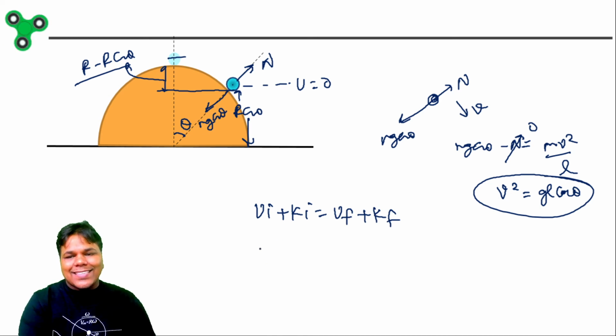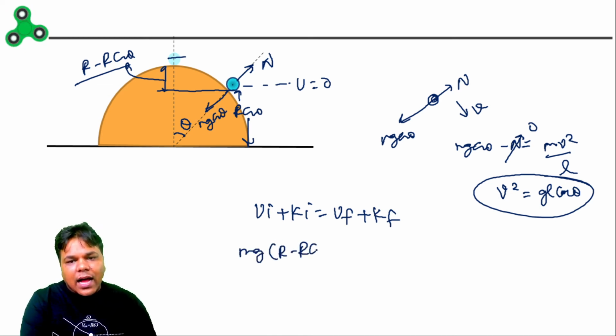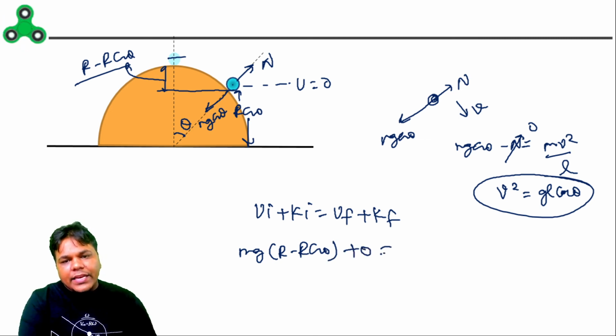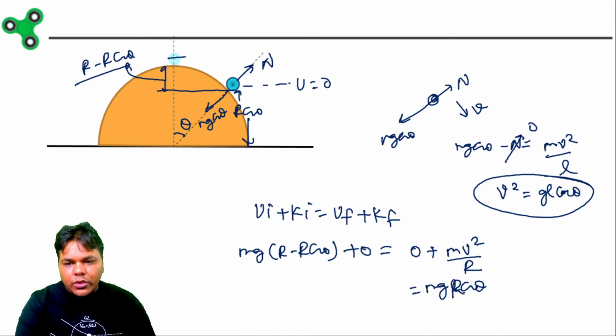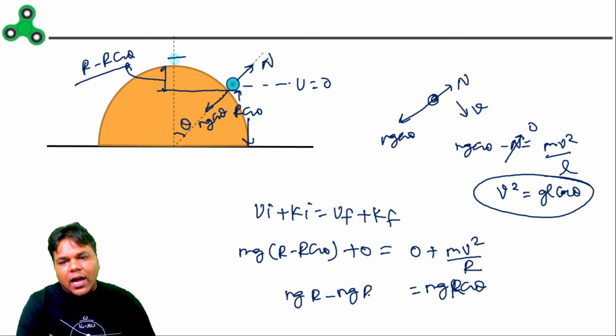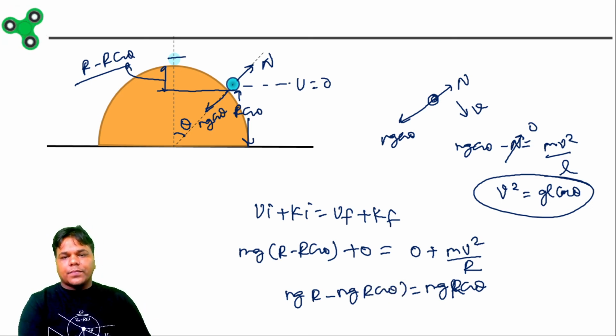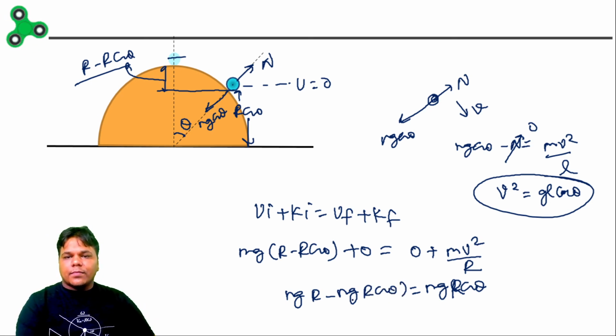U initial is mg times r minus r cos theta, as you can see, plus K initial is 0. U final is 0. Got the point? Right?